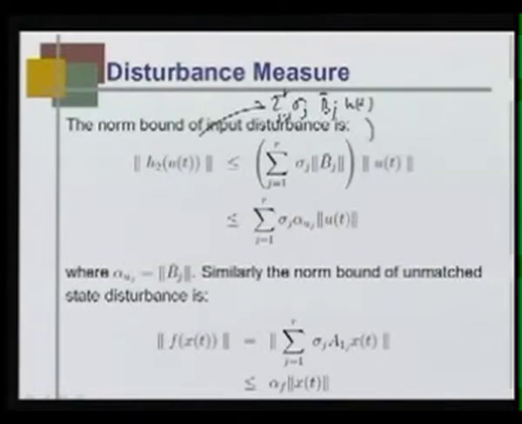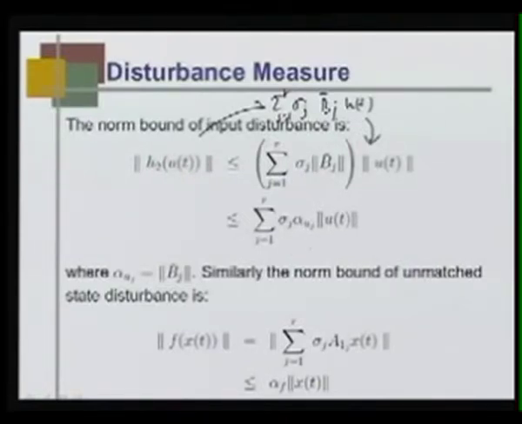This can be written using the triangular inequality as the sum over j equal to 1 to r of the norm of B bar j times the norm of u(t), and we can now write the maximum induced norm of B bar j as alpha uj. Alpha uj is the norm of B bar j, that means the maximum singular value of B bar j.